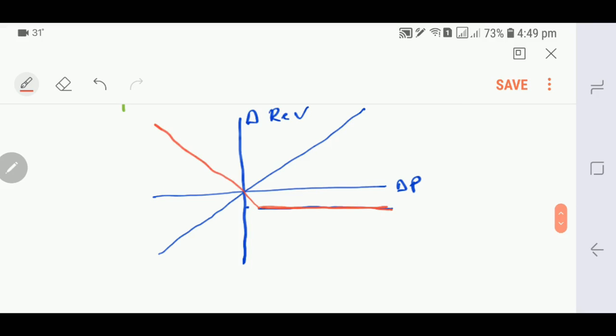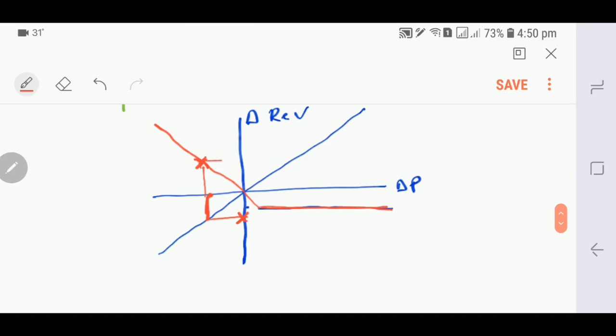So what is happening? As long as the price is falling, if the price falls to this level, then on your original position there is a loss in revenue here, and your revenue falls to this level. But this loss in revenue is recovered by the gain on the put option here. You gain here because the value of the put option has gone up.